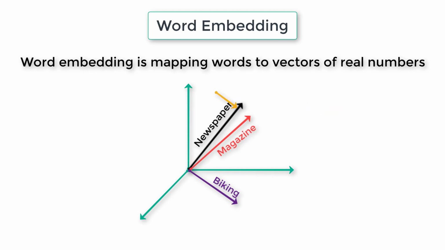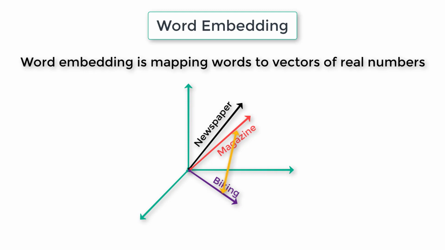Here, this particular vector represents newspaper, this vector is for magazine, and this vector is for biking. Notice one thing, the distance between newspaper and magazine is not that much because they are similar. On the other hand, there is significant distance between magazine and biking because they are not similar.